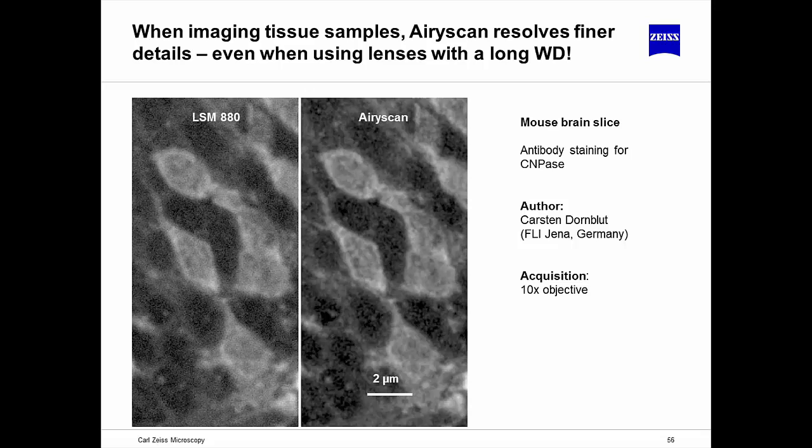To the extreme point, with a 20x 0.8 NA lens, with the Airyscan, we can get the kind of performance we would usually expect from a 63x 1.4 NA oil lens. That's the increase in sensitivity and resolution we expect.